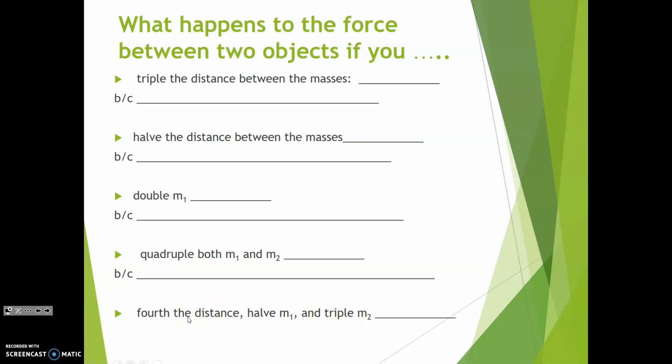But then you have to add in your distance, which you're quartering, and distance is squared, so that's going to be 1/4 squared, so that's 16. So you should have a 3 on top and a 2 on the bottom with a 16 on the bottom. So that becomes 3 over 32. So 3/32 as strong.